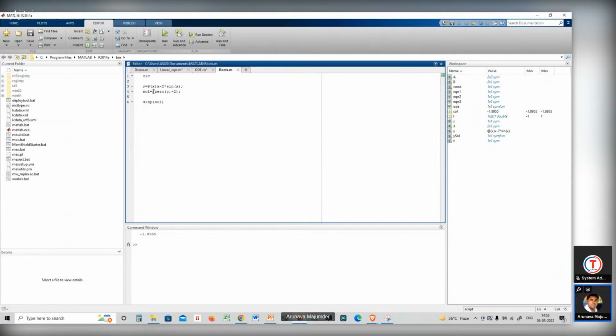So this is a very effective solution process to find the solution of any kind of transcendental equation.